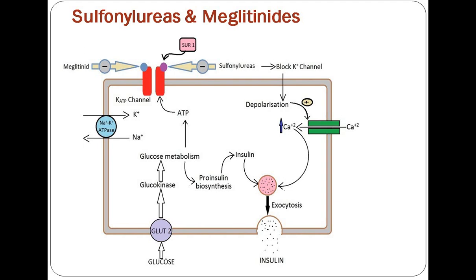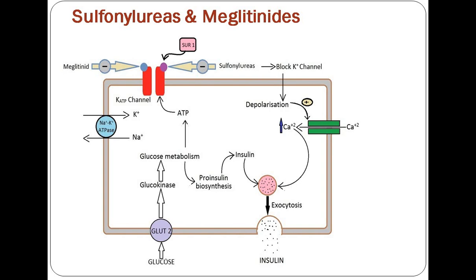Now sulfonylurea will bind to its specific receptor which is located on the potassium channel. This is the area where the sulfonylurea binds, sulfonylurea receptor 1. Sulfonylurea binds to the sulfonylurea 1 receptor and blocks this potassium channel.